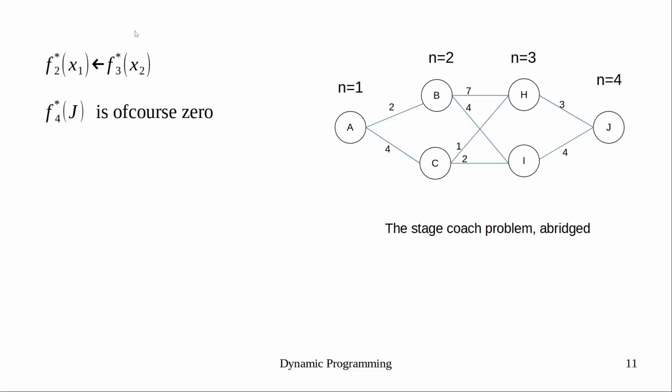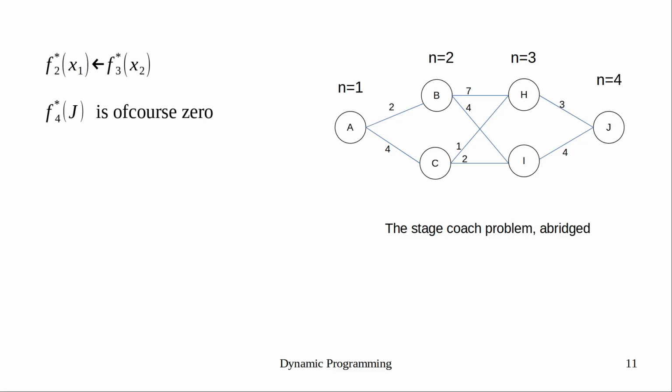So now we come to a conclusion that if we want to calculate F1 star, we should know the value of F2 star. To know the value of F2 star, we have to know the value of F3 star. Of course, F4 star is 0 here because we are not traveling beyond J. Now, how do we solve this problem? Because to find the value of the function at any stage, we have to know the value of the function at the next stage.